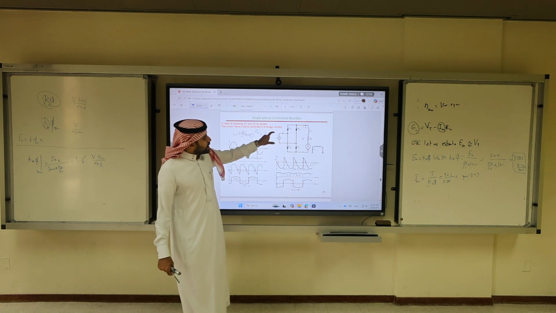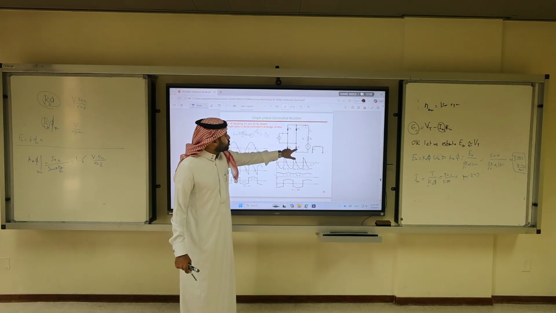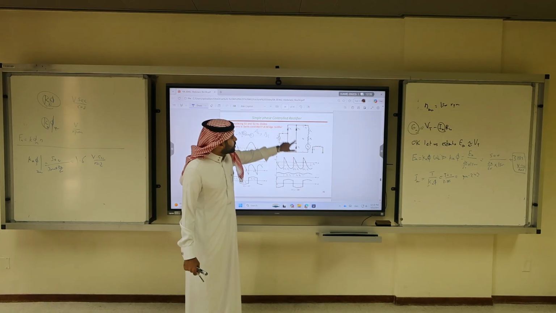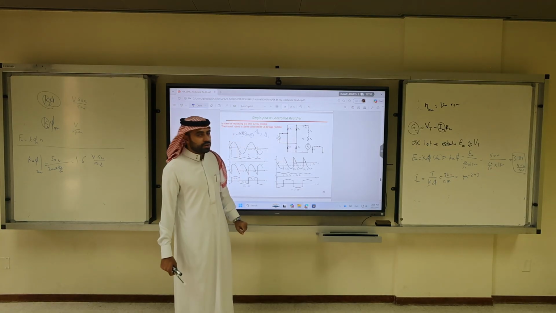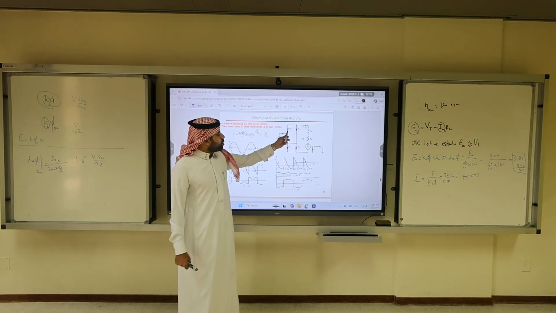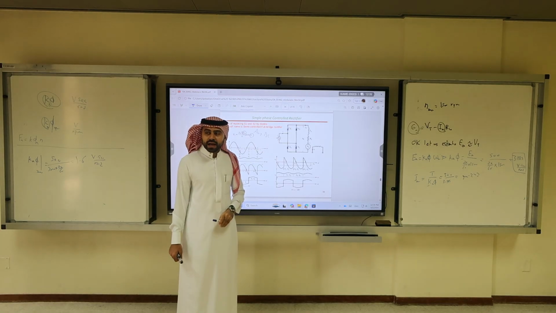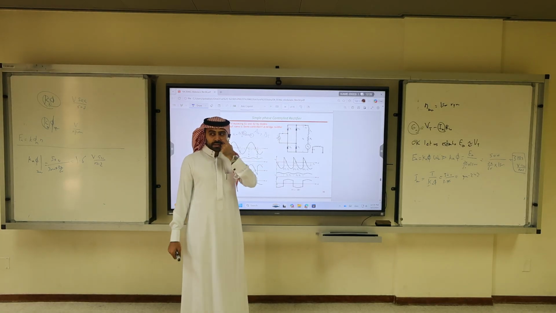You apply AC, you make switch 1 and switch 2 on. How do you make it on? This is power electronics or industrial electronics. While the anode is higher than the cathode and the pulse at the gate is active, this will conduct.